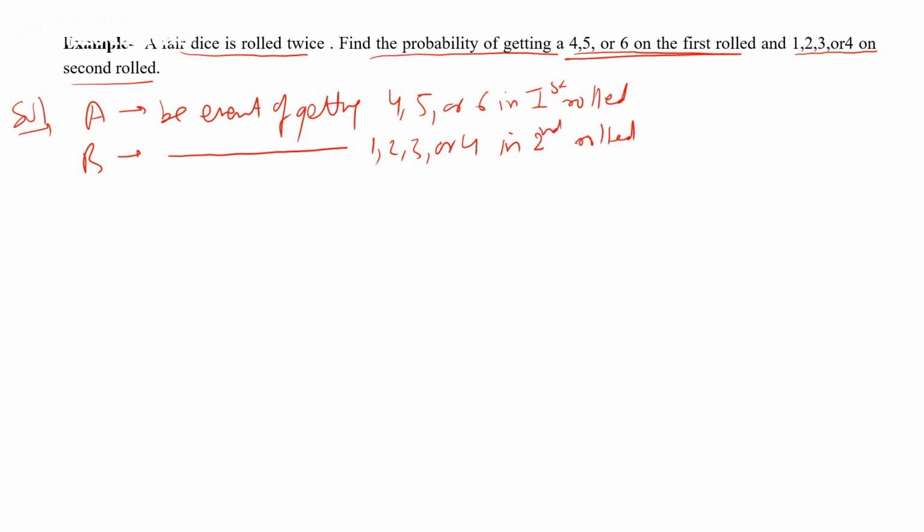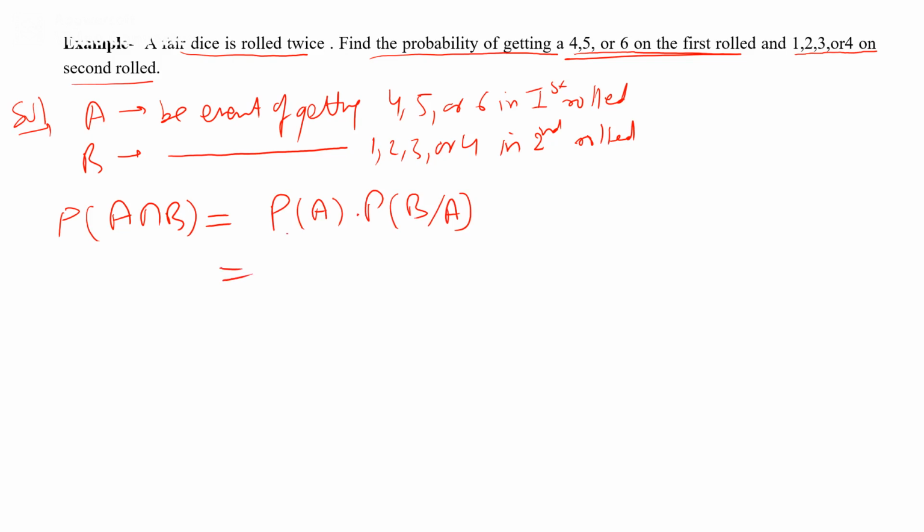Now we have to find the probability of A intersection B. So we write probability of A into probability of B when A has already occurred, when the first roll is done.